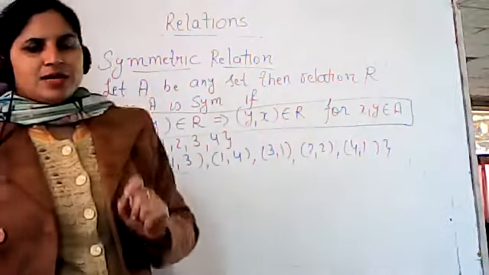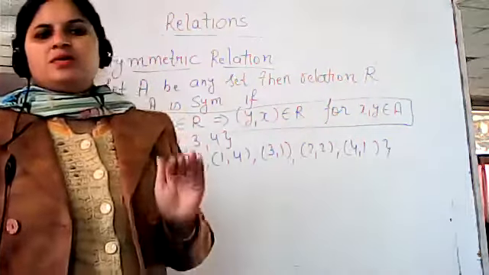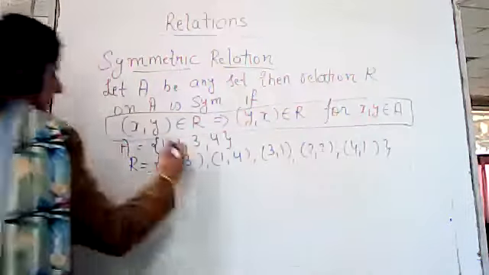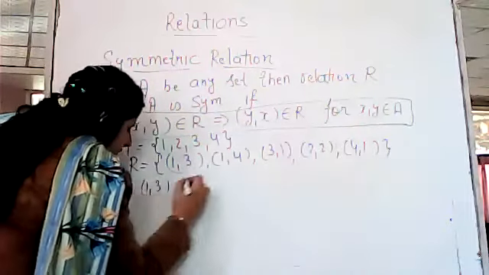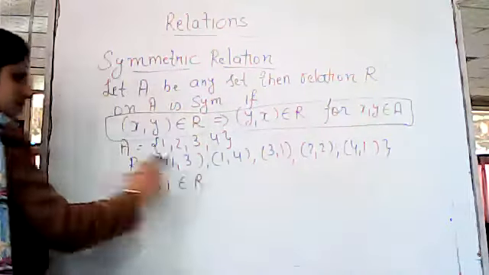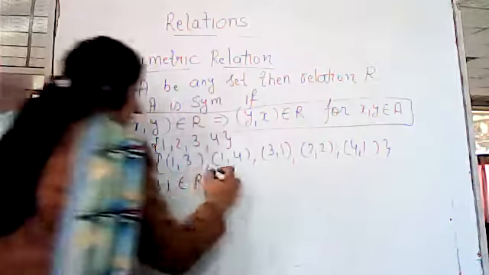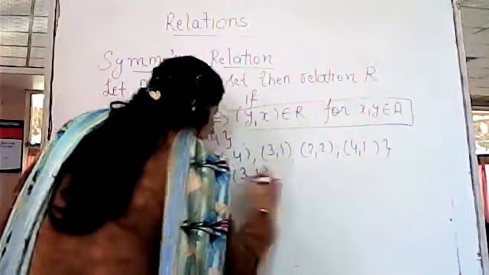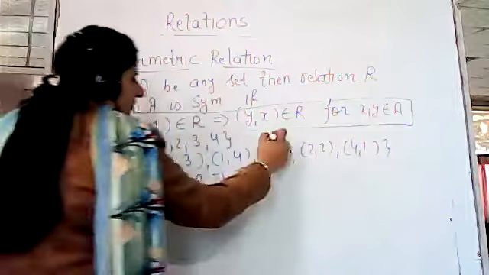Now I want to check whether this relation is symmetric or not. What is the condition? First pair is 1, 3. 1, 3 is present in R. What is the inverse of 1, 3? That is 3, 1. So 3, 1 is also available in this relation.